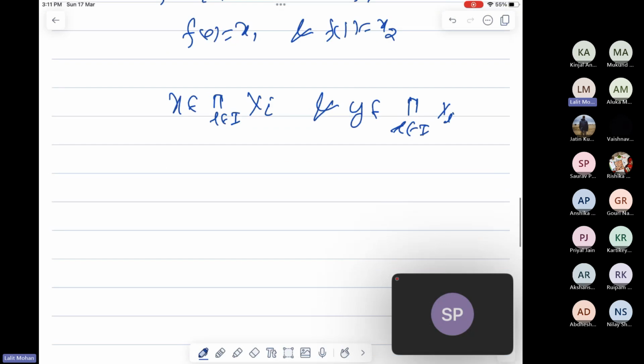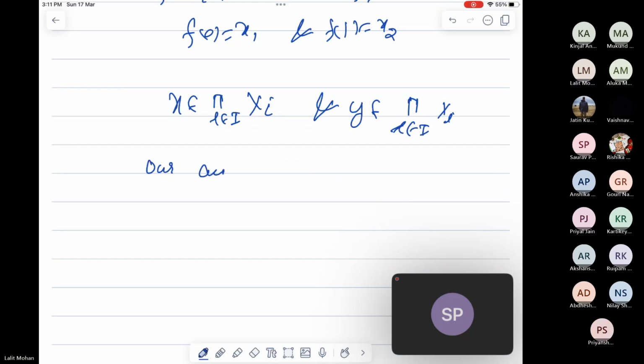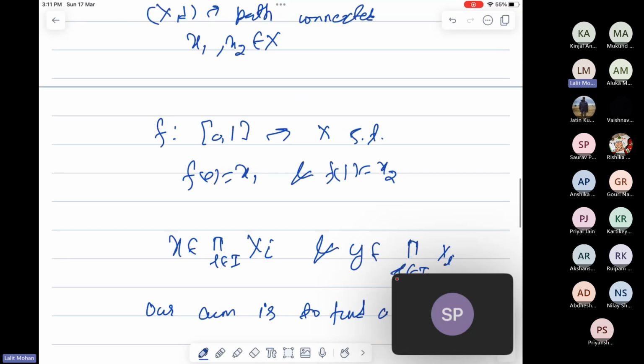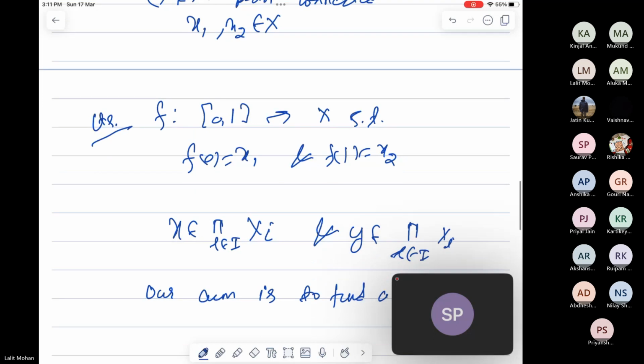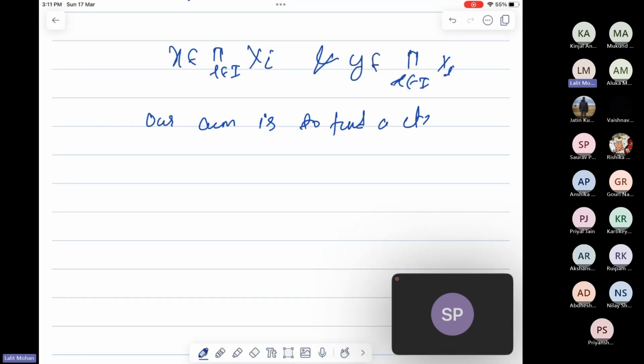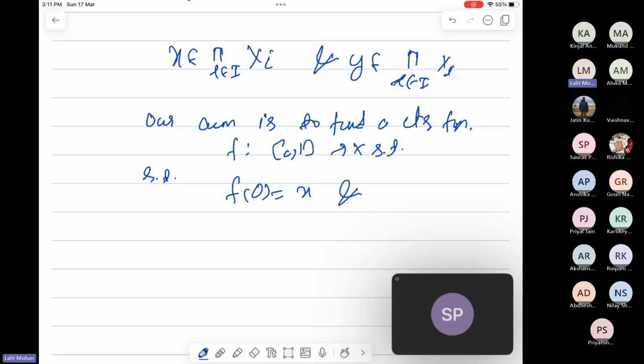Our aim is to find a continuous function f from [0, 1] to the product such that f of 0 is this x and f of 1 is this y. So can you tell me that continuous function?